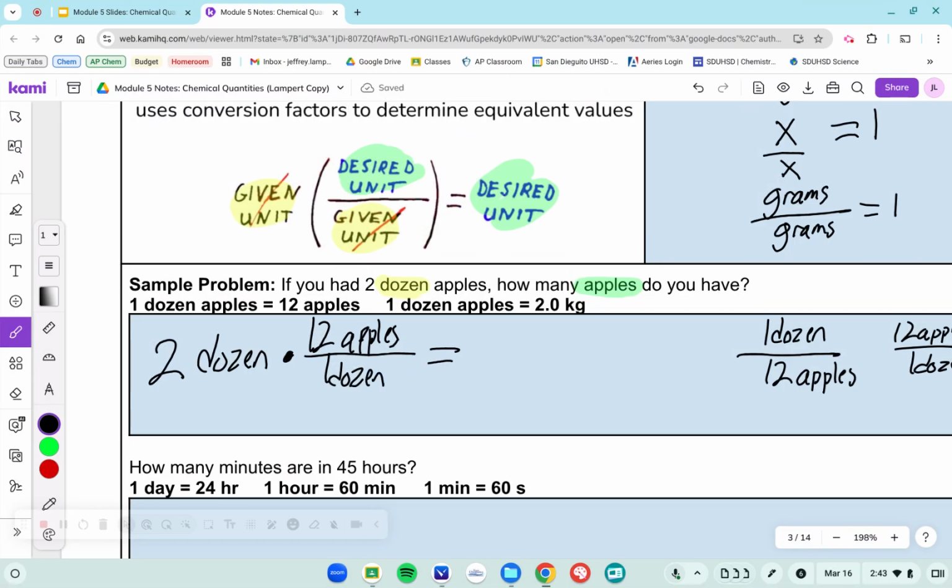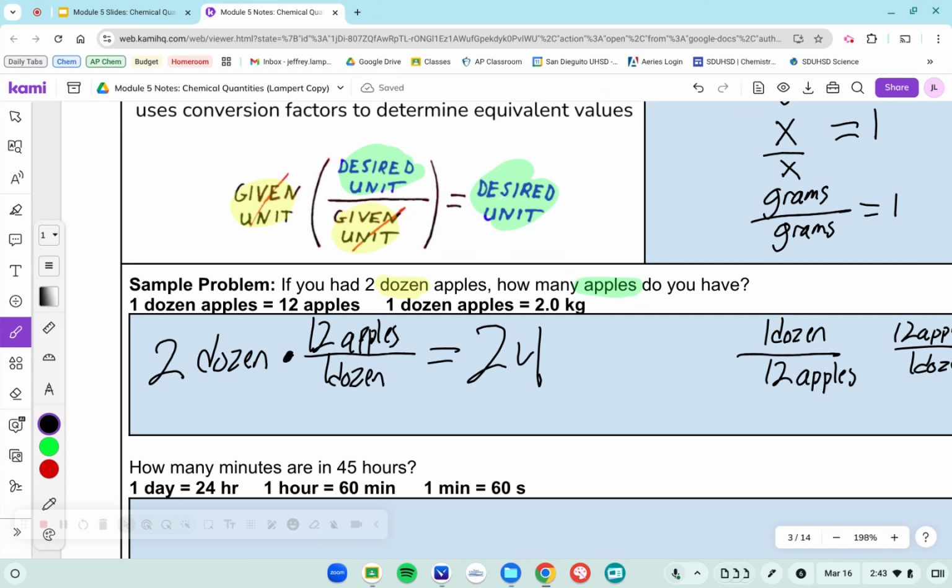Now let's talk about how I actually do my math. So the first thing I'm going to do is only do math with numbers. So if I look at numbers and ignore units, I have 2 times 12 divided by 1. So 2 times 12 divided by 1 is just 24. The same number that we came to when we just did this math in our heads, right?